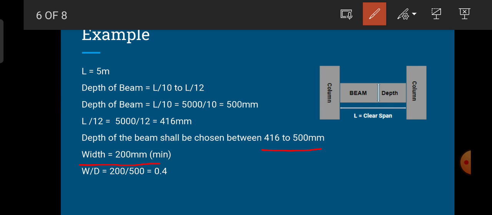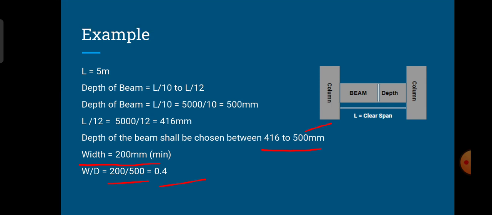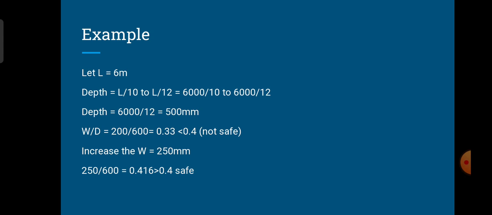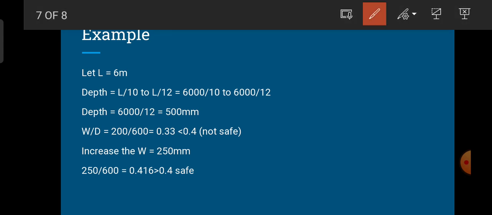W by D: 200 is the minimum width and the depth I have chosen is 500. Therefore I have got the ratio as 0.4. If it is equal to or greater than 0.4, then it is considered to be a safe width and depth.